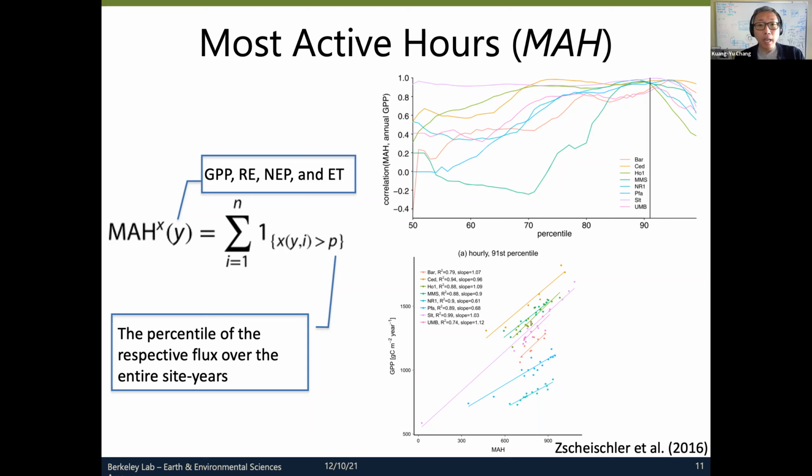Analyzing the relationship between MAH and water use efficiency would thus provide a quantitative estimate on whether the relatively large water use efficiency trends inferred from eddy covariance measurements are driven by long-term baseline shifts associated with ecophysiological transitions or by changes in short-term favorable weather conditions.